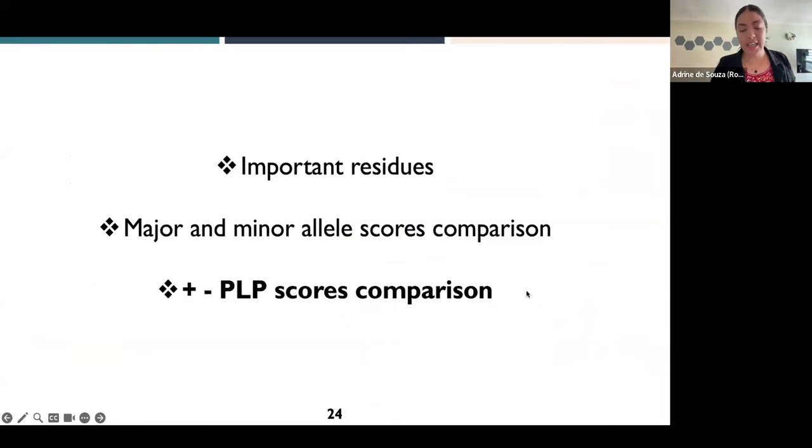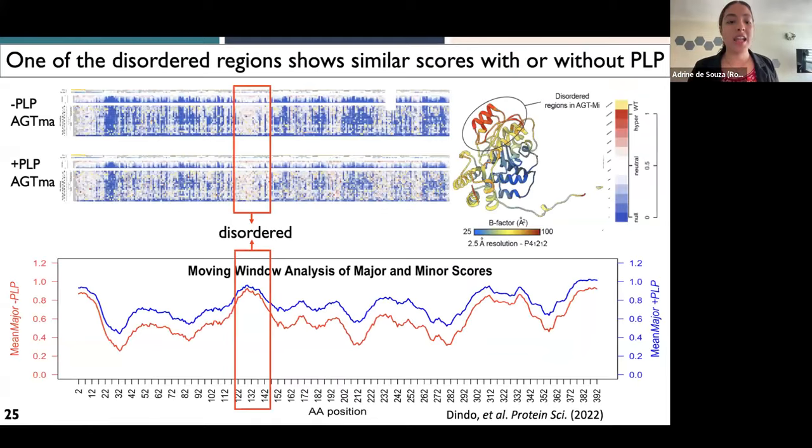So finally, can we look at how PLP affects the scores of the two maps? Now we can, and here I'm actually highlighting a disordered region that is known to be disordered in the AGXT major and minor allele, but is more disordered in the minor allele, here in red.